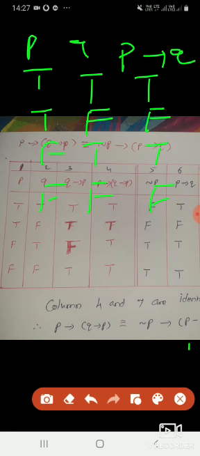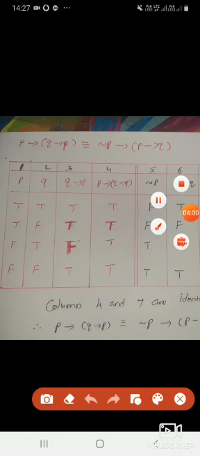Now listen. First, P and Q are used here. I write P as true, true, false, false, and then Q also. On the left hand side, I first name the columns 1, 2, 3, 4, 5.